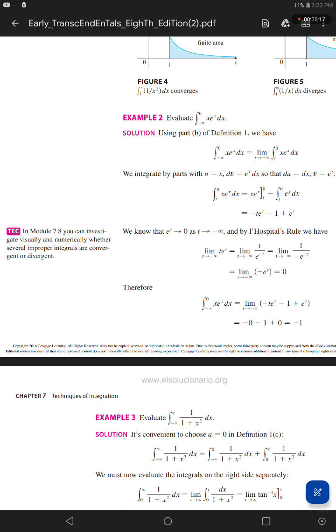The integral from t to 0 of x times e to the power x dx equals x times e to the power x on the interval from t to 0, minus the integral from t to 0 of e to the power x dx, which equals negative t times e to the power t minus 1 plus e to the power t.